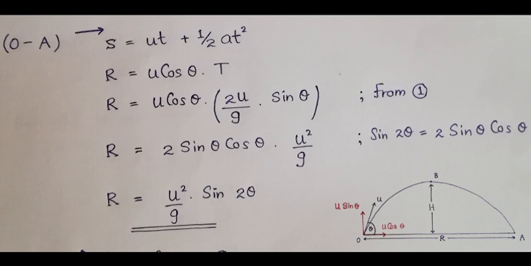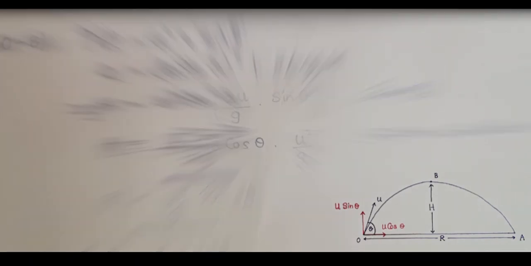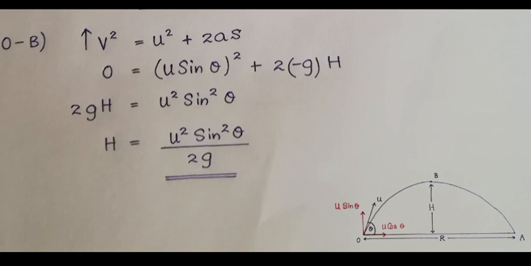Then I am going to find the maximum height of this projectile. For that, I am applying v squared equals u squared plus 2as vertically upwards from O to B. B is the maximum height of this projectile. At this point, there is no vertical velocity for the motion. It is 0.